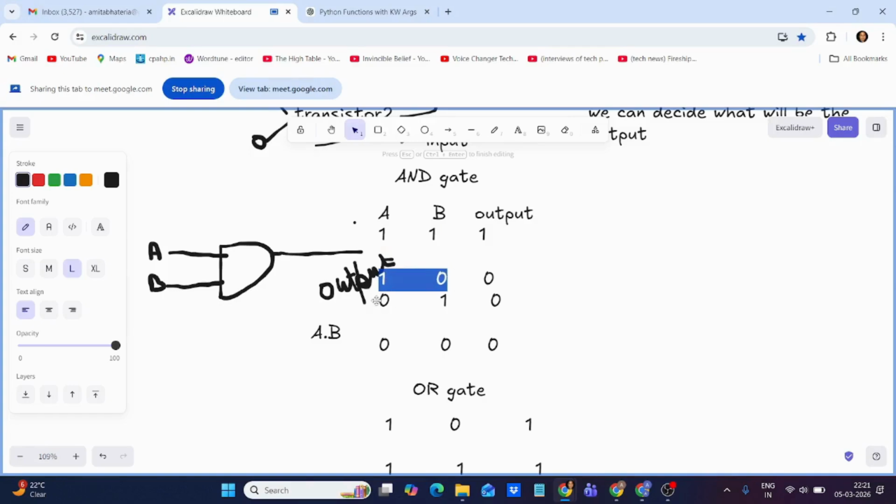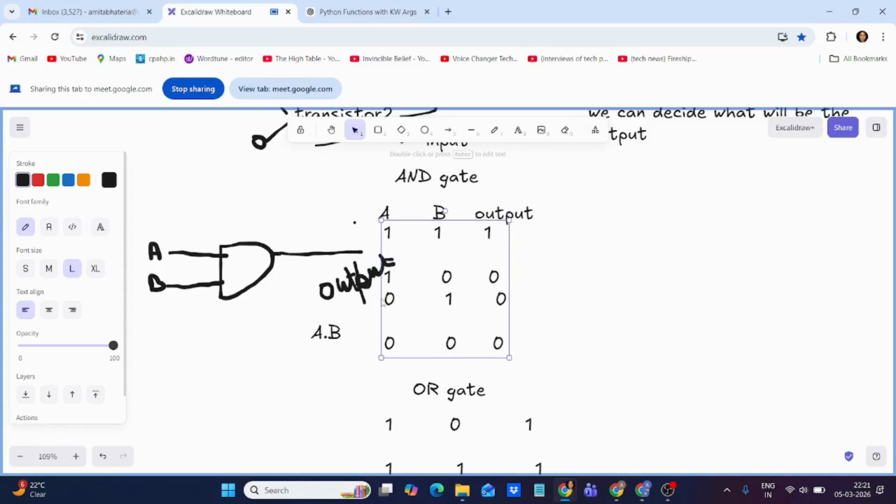And if A is 0, B is 1, what will be the output? Zero. And similarly 0 into 0 is equal to 0. So this is the easiest way to calculate the AND gate. We just write down A dot B, where dot means into. So A into B is the formula to calculate the AND gate.